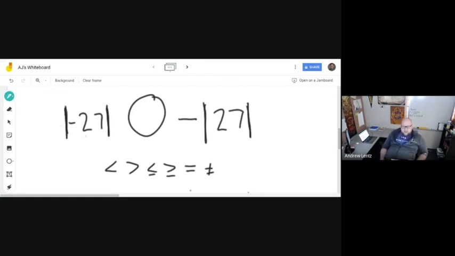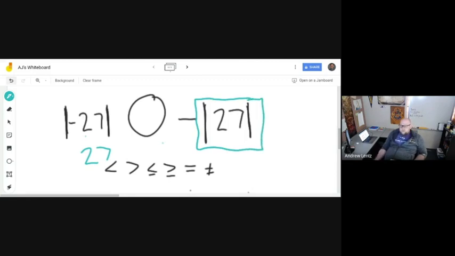Class, what is the absolute value of negative 27? Well, we just literally answered that question. The absolute value of negative 27 is 27, right? Now, here's my question. We're going to focus on this part right here first.